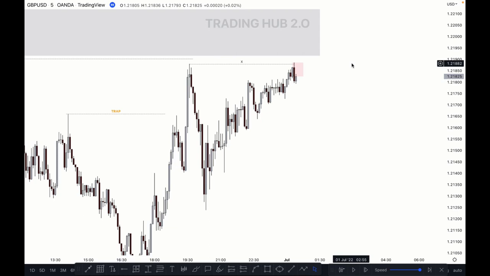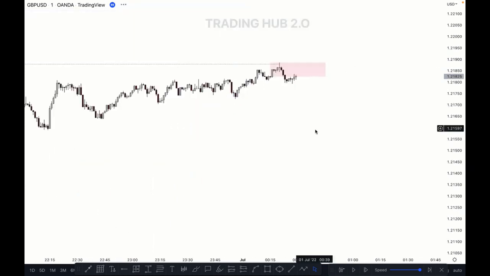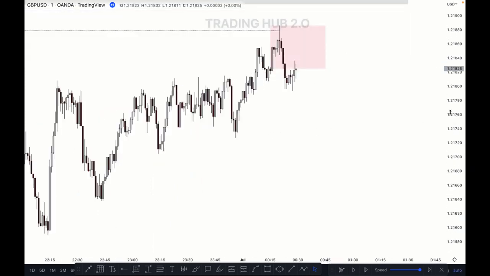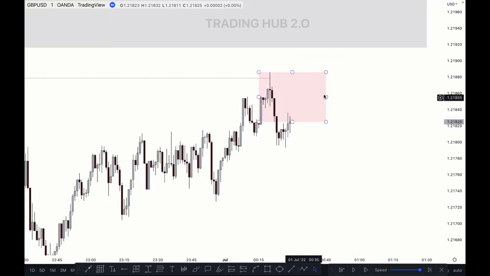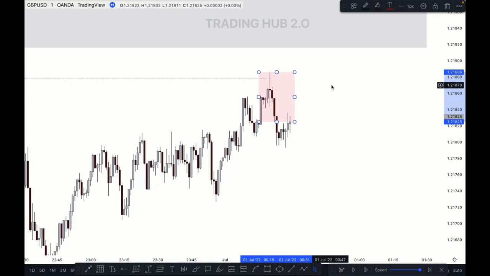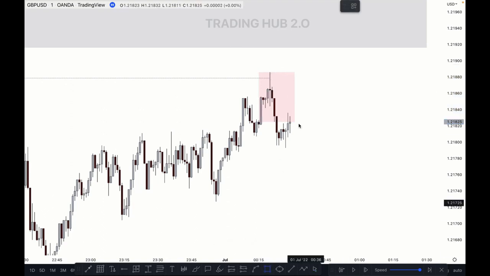Now switch into the 1 minute to see how market gives us an opportunity for the sell. Now you can see this zone is where we can look for a sell, because this is a candlestick which closed below it, and this is our zone for the sell. So in this case, where is our single candle confirmation for the sell?